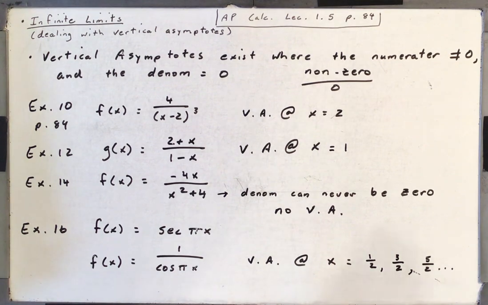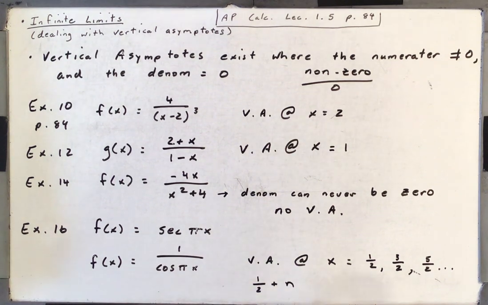Okay, so the way we could say this would be the vertical asymptotes occur at 1/2 plus 2/2, or pi times n. Or excuse me, just n, because we've already got the pi in there.